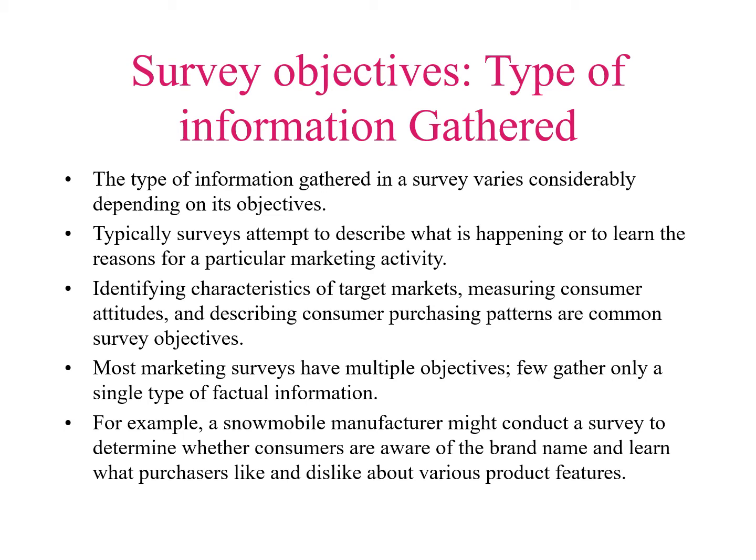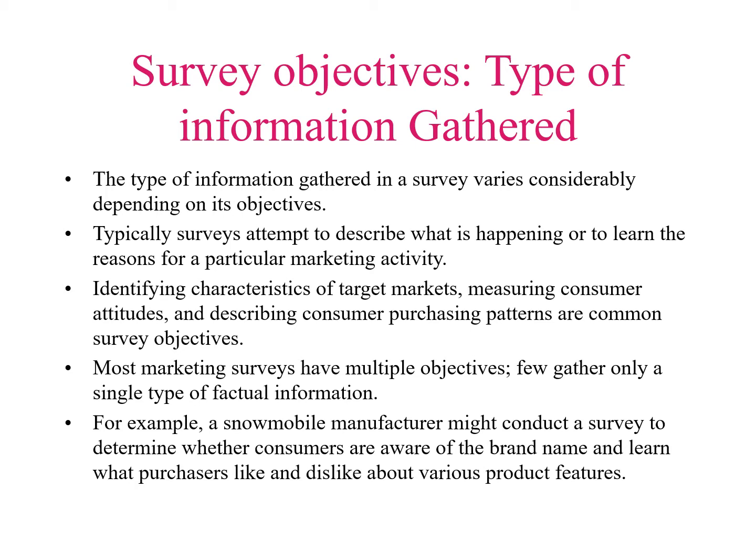Survey objectives, type of information gathered. The type of information gathered in a survey varies considerably depending on its objectives. Typically, surveys attempt to describe what is happening or to learn the reasons for a particular marketing activity. Identifying characteristics of target markets, measuring consumer attitudes, and describing consumer purchasing patterns are common survey objectives.